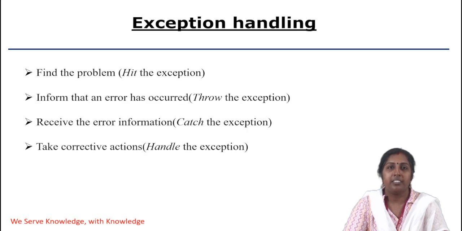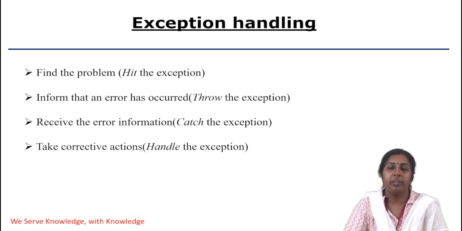Exception handling can be considered as four cases. First, we have to find the problem, which is called hitting the exception. After finding the unexpected event, we inform the system that an error has occurred. That is known as throwing the exception.